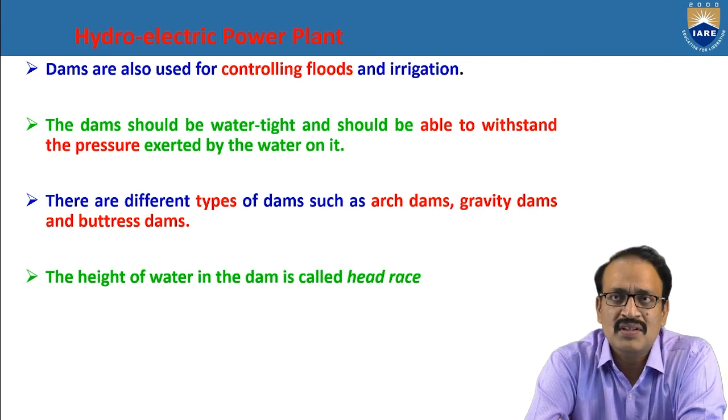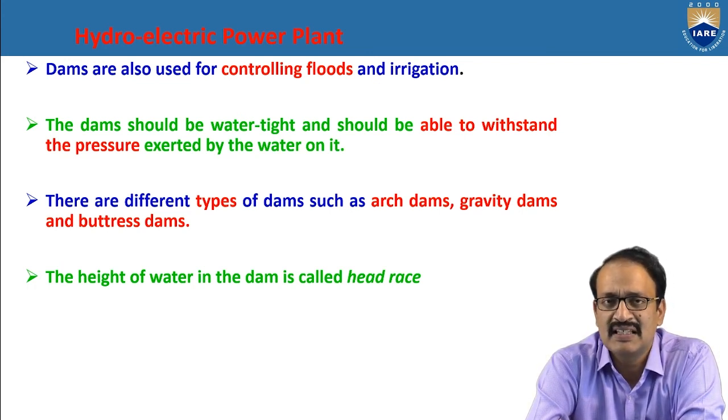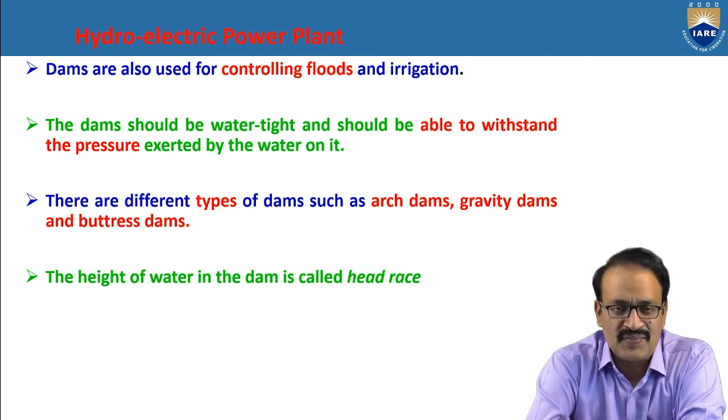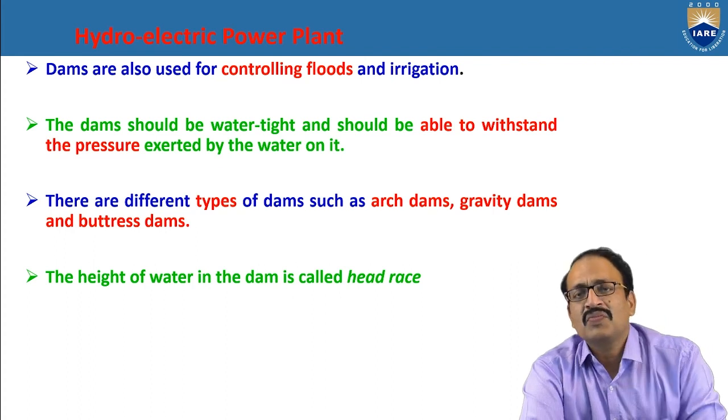Also, the main thing is we are able to control the floods with the help of these dams, and we can increase the irrigation with the help of the dams.